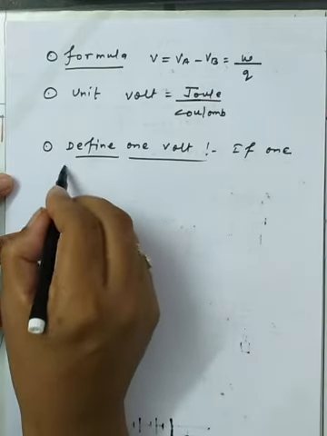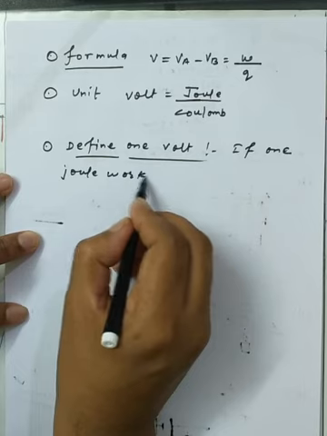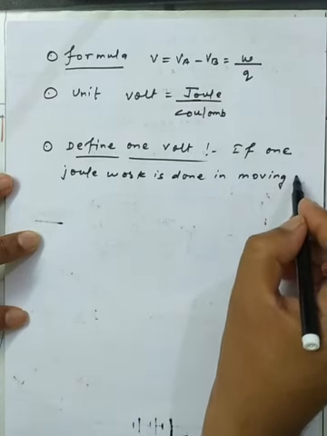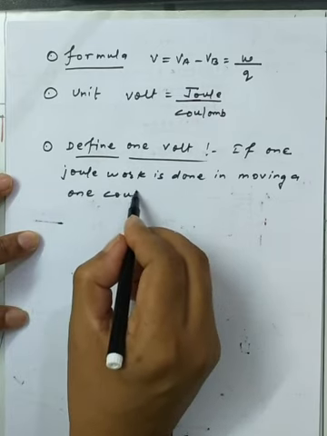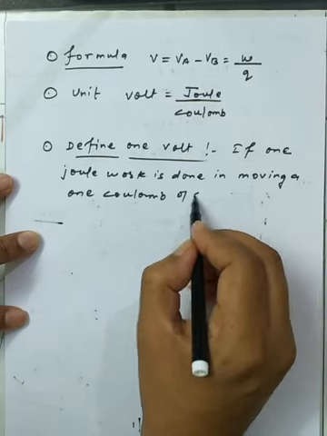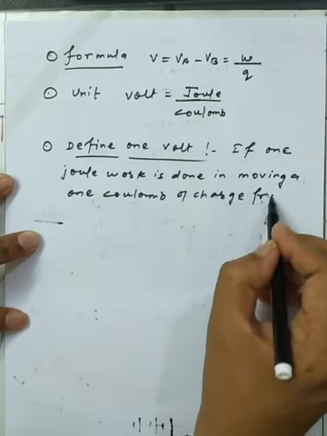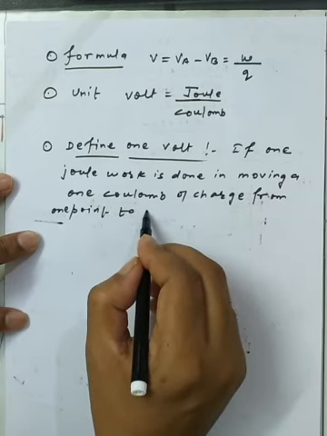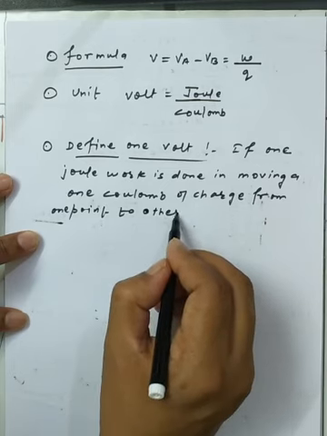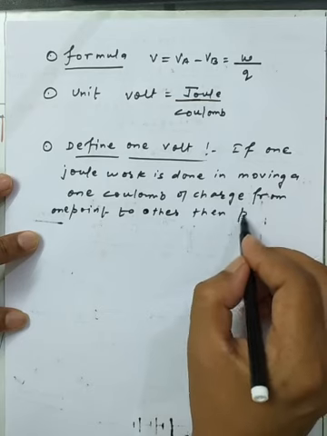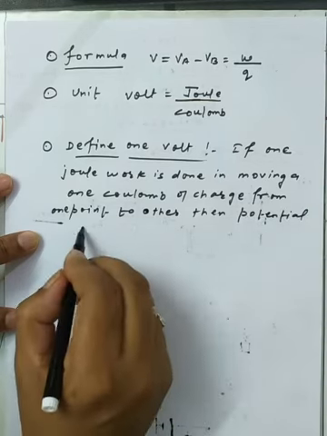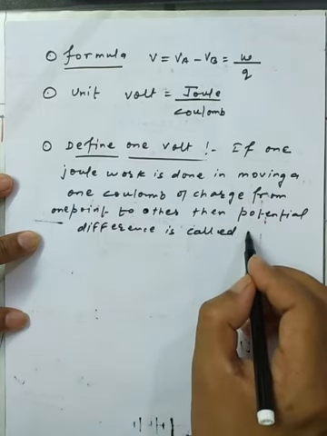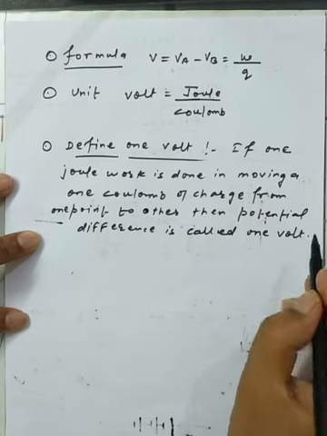If 1 joule of work is done in moving a 1 coulomb of charge from one point to the other, then the potential difference is called 1 volt. So this is the simplest meaning we have.